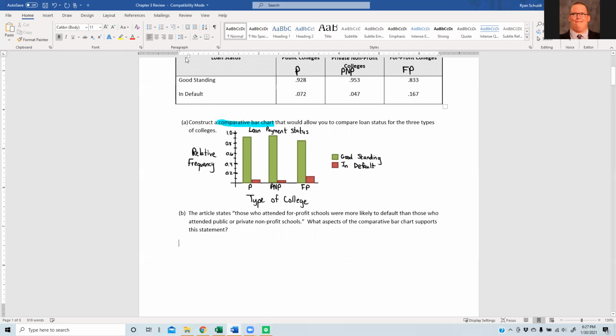We could say confidently that the in default bar is taller in the for-profit category than in either of the other two categories.